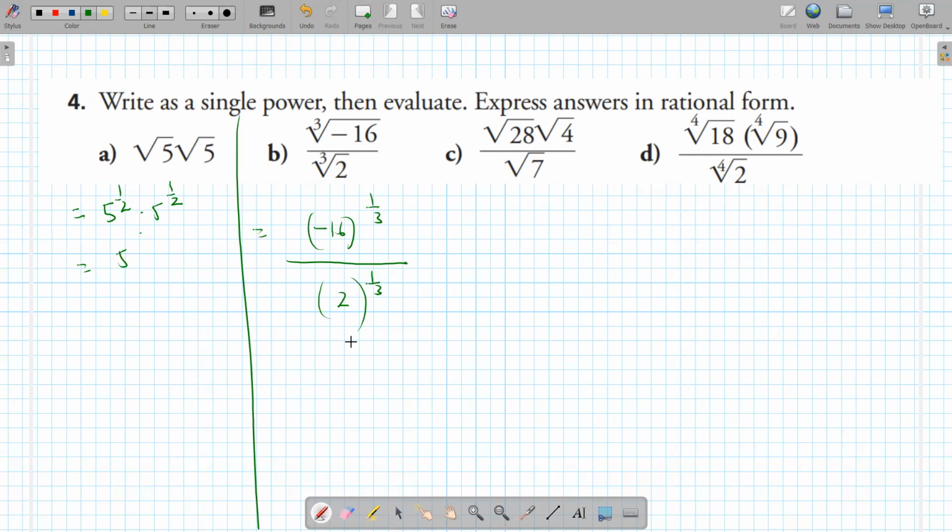Can you subtract? You can only subtract if they have the same base. 16 and 2 are not the same numbers. You have a different base on top and a different base on the bottom. Do you agree with that? You need to express -16 as a power of 2. Only then can you subtract. Think about it: how do you write 16 or -16 as 2 to the power of something?